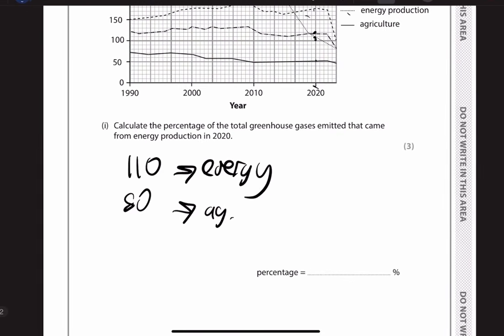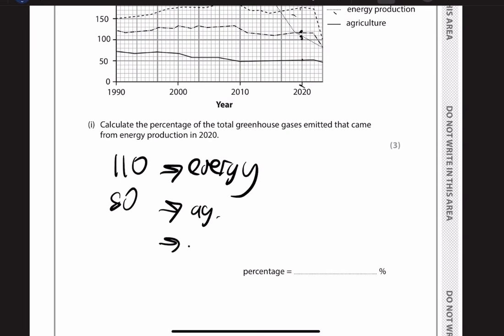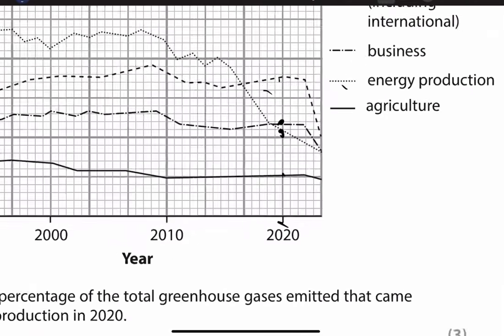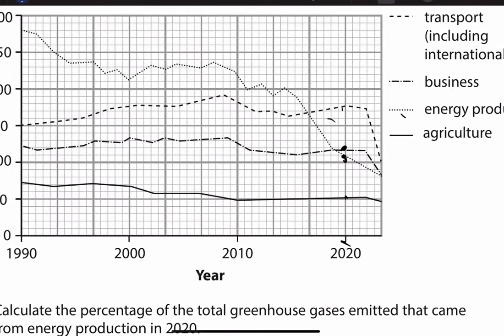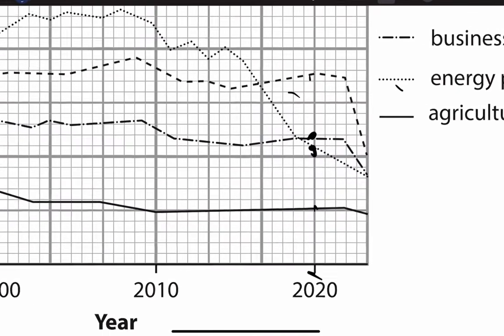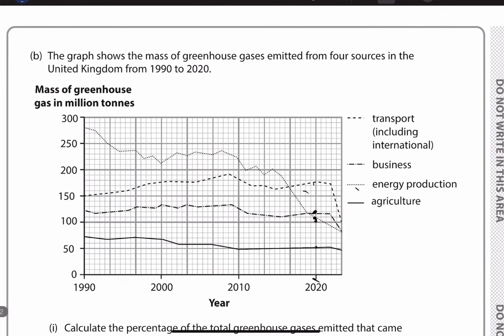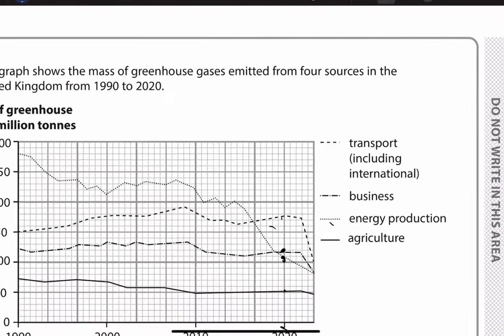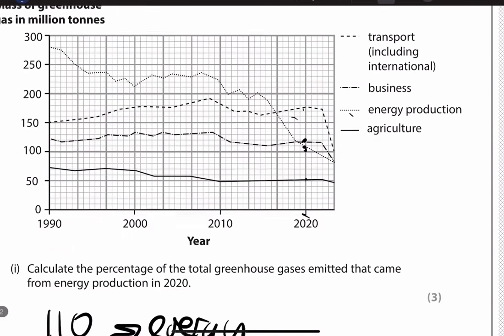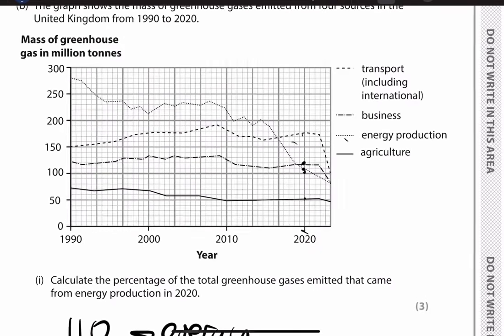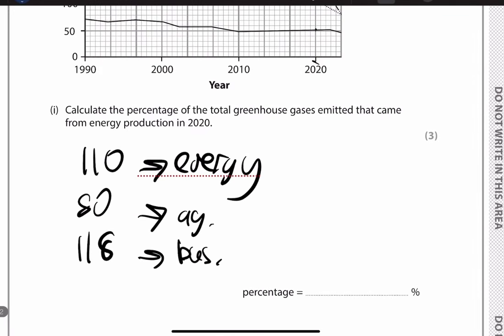It was business. Business seems to be, let's say it's below 120. Let's say 119, 118. And transport looks to be around 175. Right up there.